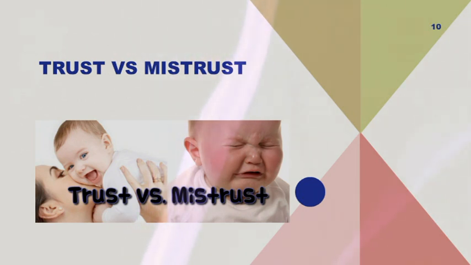The establishment here of basic trust during early childhood is closely linked to the concept of attachment, which refers to the enduring emotional bond between an infant and their primary caregiver. Now, secure attachment, characterized by this responsive and sensitive caregiving, fosters a sense of trust and security in the child. And this means both mother and father, or the significant caregivers, being sensitive and responsive.